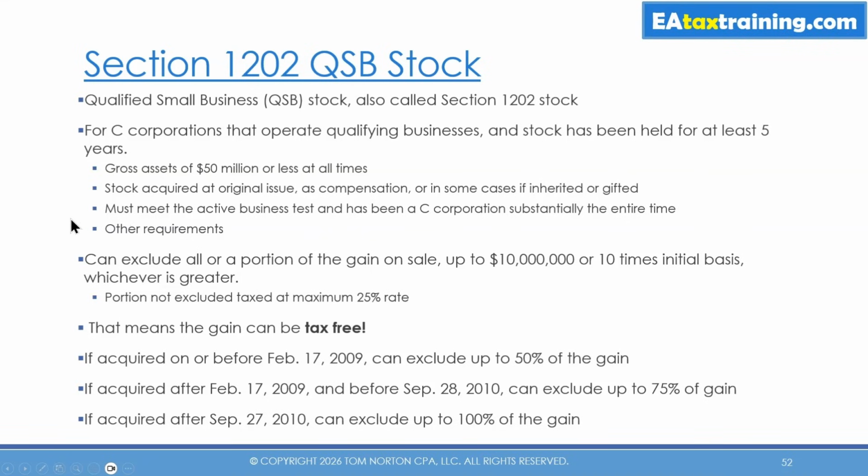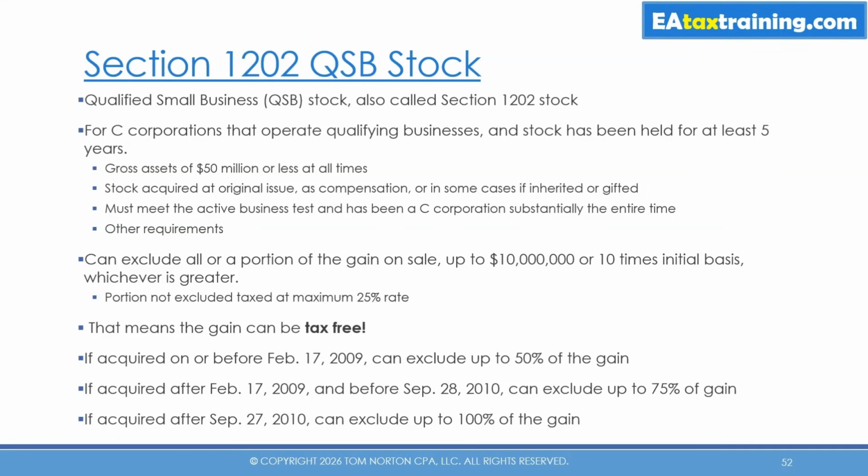So this has to be an active, real business, not just investing. It's actually running a real business, and there are other requirements. So if you have one of these, you have to be very careful about whether they meet the qualifications or not, because there are very specific qualifications.